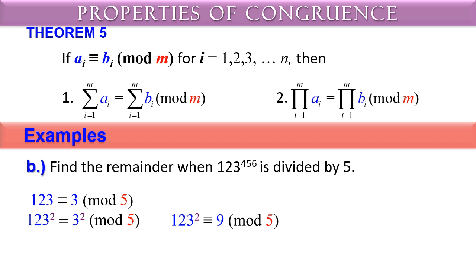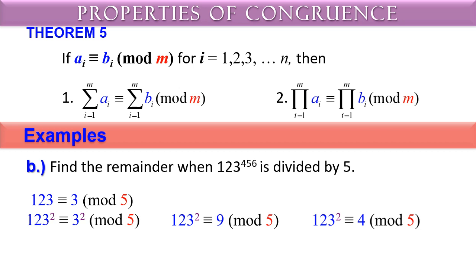Since the residue did not satisfy the condition that our residue should be greater than or equal to 0 but less than 5, we are going to have 123 squared is congruent to 4 modulo 5, since whenever we divide 123 squared by 5, the remainder will be 4.